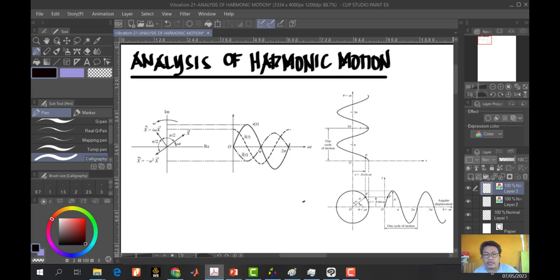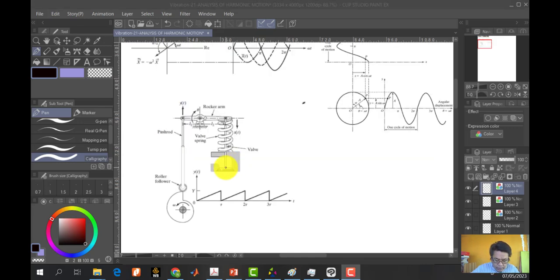Especially in mechanical systems, we have motions which are not of the harmonic type, like this. This type of motion is not a harmonic one. You will notice it is different from this one, right? There is a sinusoidal wave that goes up and down, but this one goes up, down, then up and down again. Especially here we have the motion of a camshaft, which the cam follower also follows, actuated by your spring and valves.